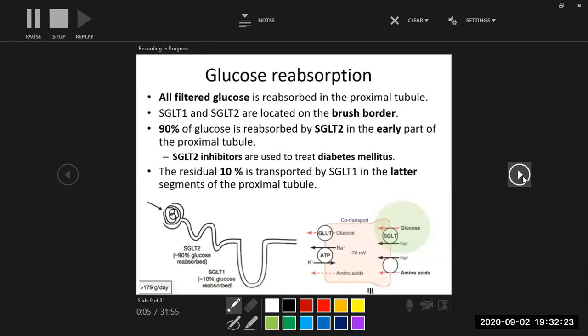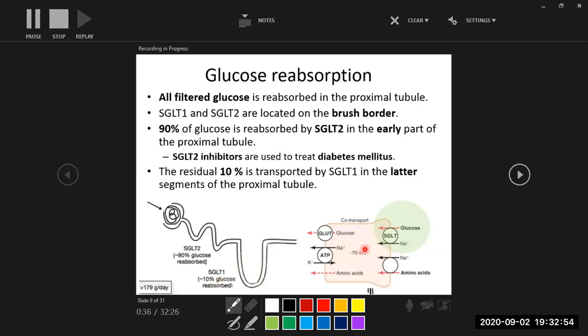All right, so here is the SGLT2 and the SGLT1. In the beginning, we have SGLT2. Later, we have SGLT1. It's all sodium co-transporter. We talked about this one already. The engine to drive everything else is the sodium potassium ATPase that creates the environment of low sodium inside of the cell.